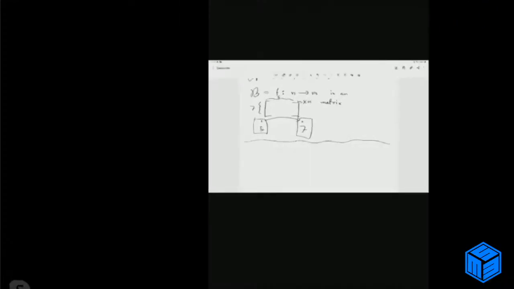So your objects are shapes. Steve knows exactly what I'm talking about, right? Maybe you've seen it too. Your objects are shapes of a certain dimension. Think about circles, or multiple circles, and your arrows are shapes of a higher dimension connecting these shapes of smaller dimension.